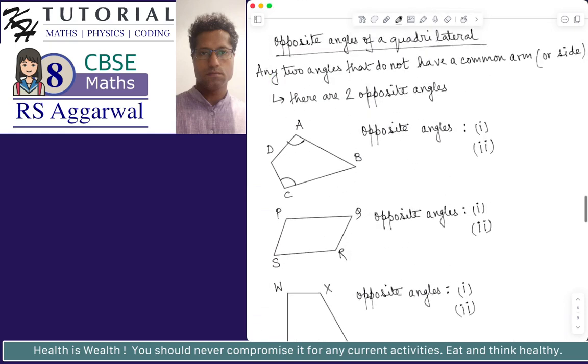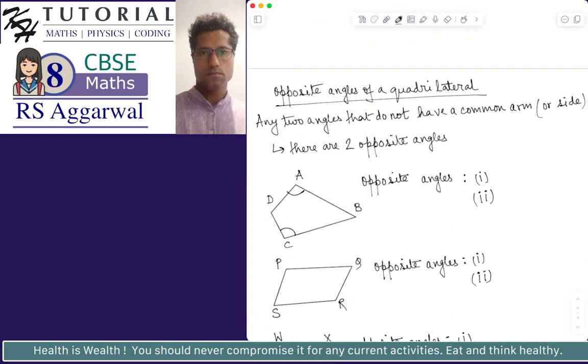So for the quadrilateral ABCD, as you know there are 2 pairs of opposite vertices, so we will also have 2 pairs of opposite angles in a quadrilateral. For the quadrilateral ABCD, one pair of opposite angles is angle A and angle C, and the other pair of opposite angles is angle B and angle D.